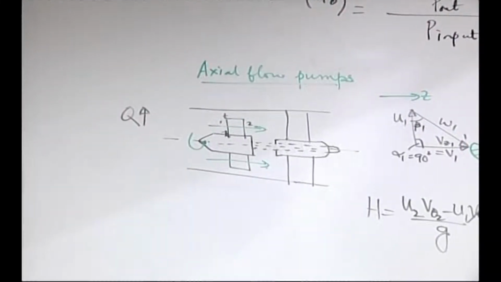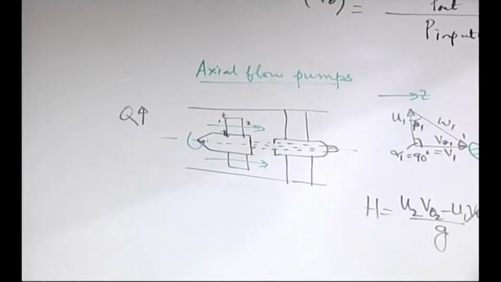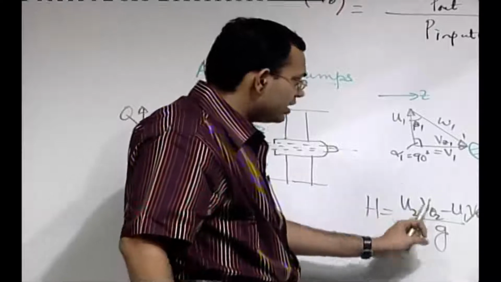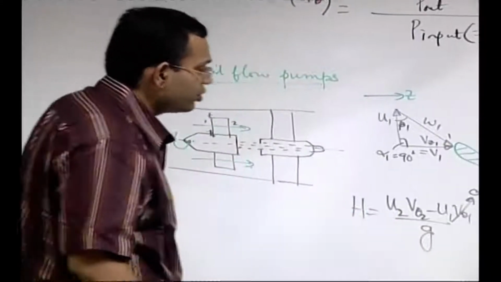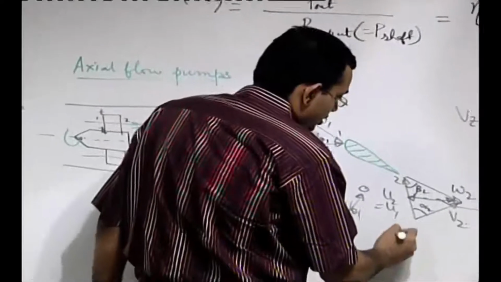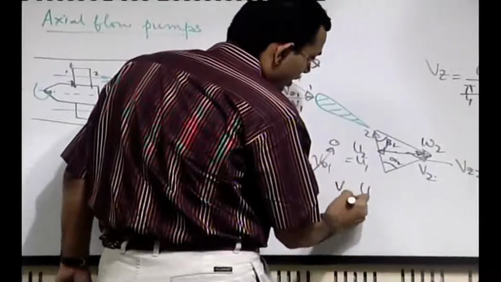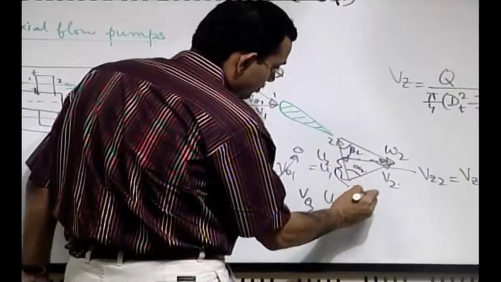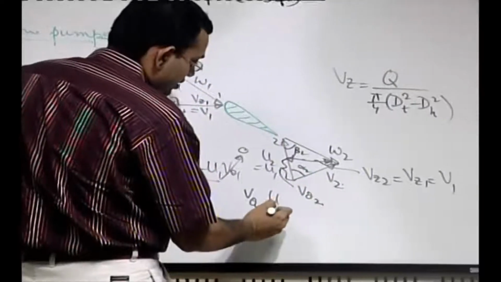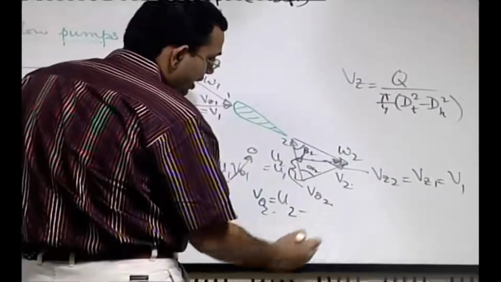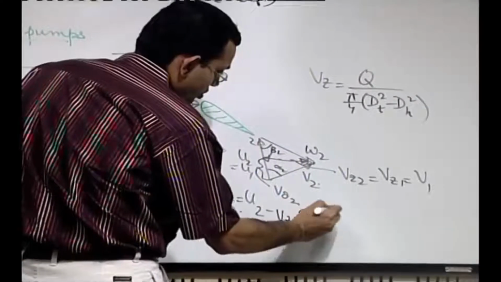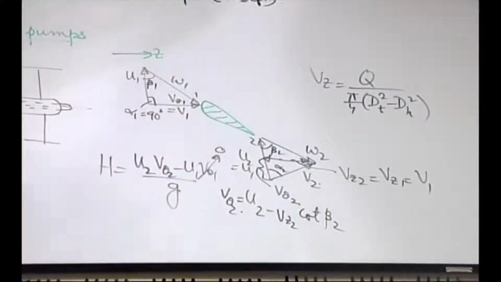Now let us consider what the corresponding head should be. If you consider V theta 2, what is V theta 2? It is equal to U2 minus Vz2 cot beta 2.